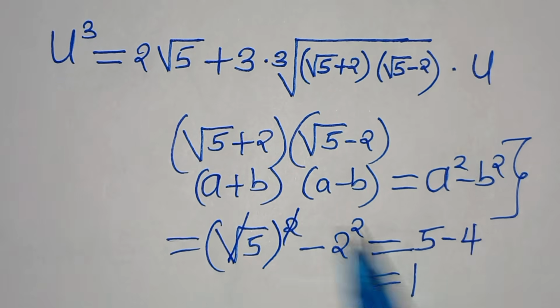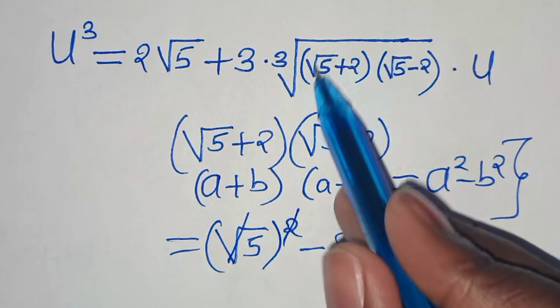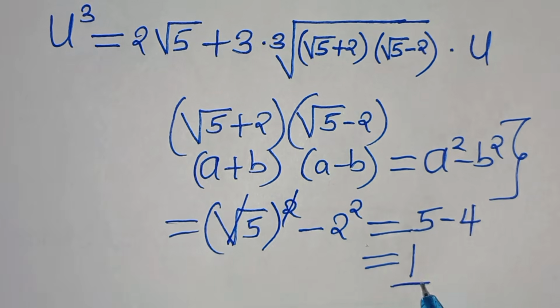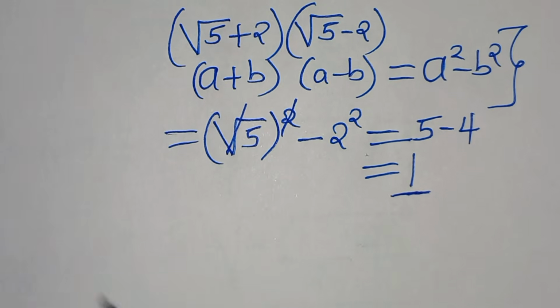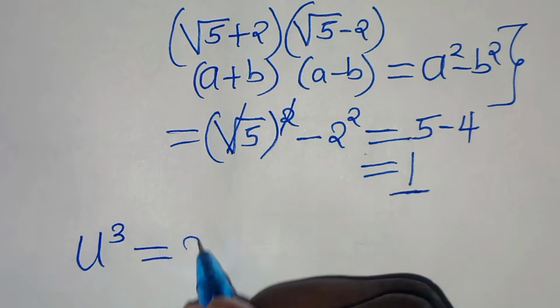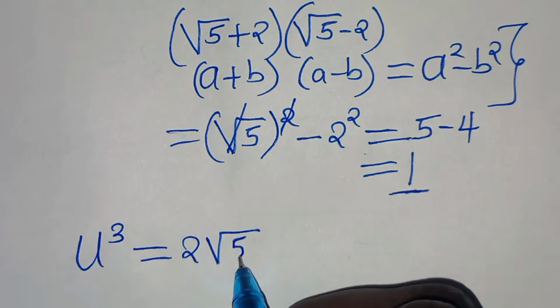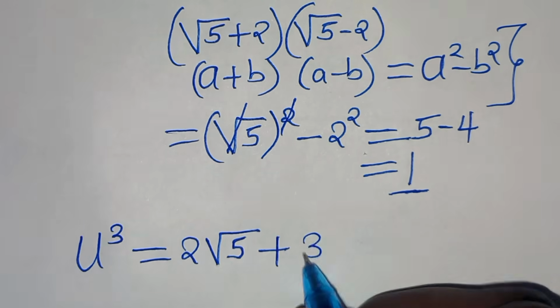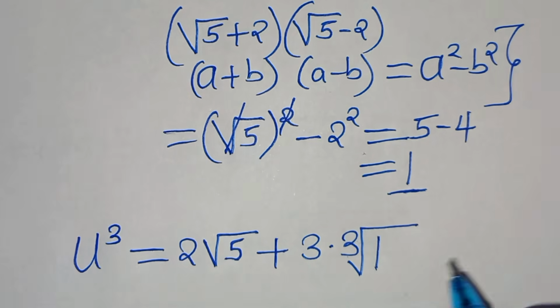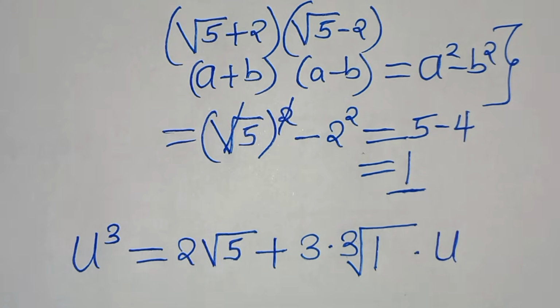So let's substitute the cube root of root 5 plus 2 times root 5 minus 2 with 1. This means that we have the new equation as u to the power of 3 equal to 2 square root of 5, plus 3 times the cube root of 1 multiplied by u.